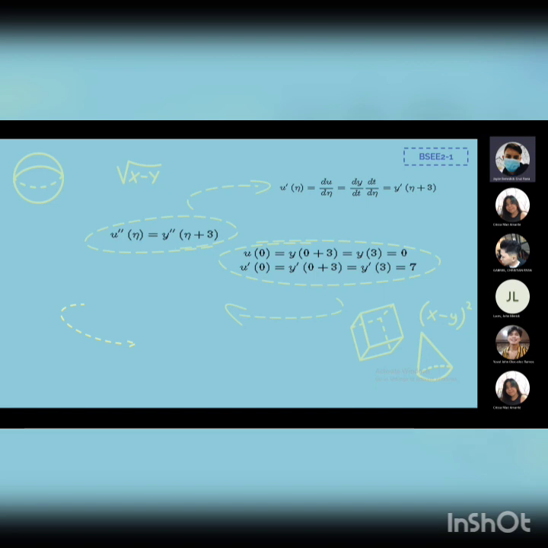Now, the initial value problem under this variable is then u'' + 4u' = cos(n) + 4n + 12, with the given u(0) = 0 and u'(0) = 7.